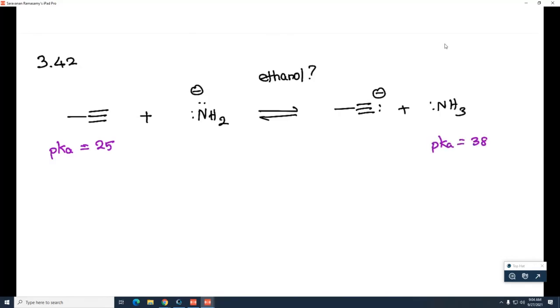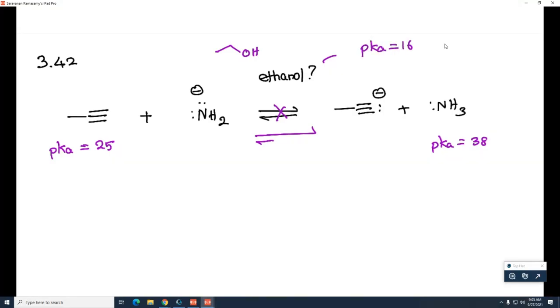Based on that, we know the reaction would mostly go forward. Now, what's the pKa of ethanol? Alcohols and waters are together, close to 16. pKa is equal to 16.